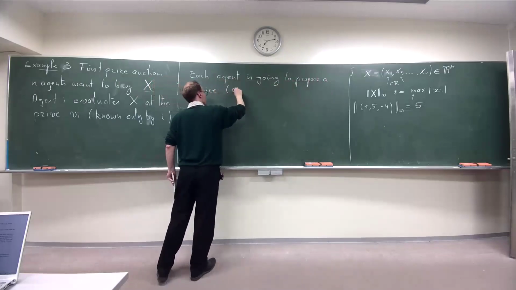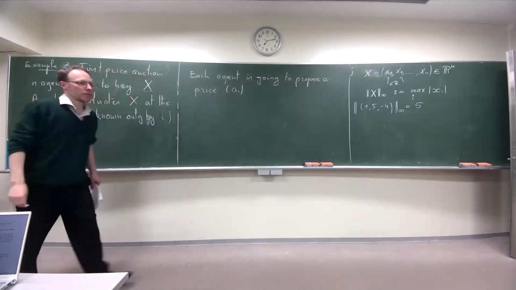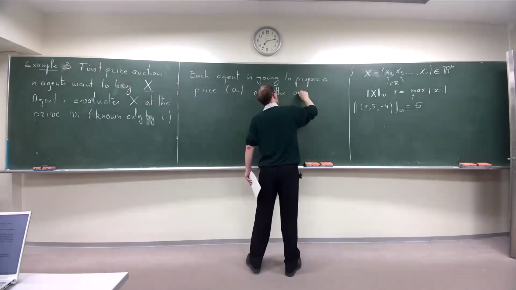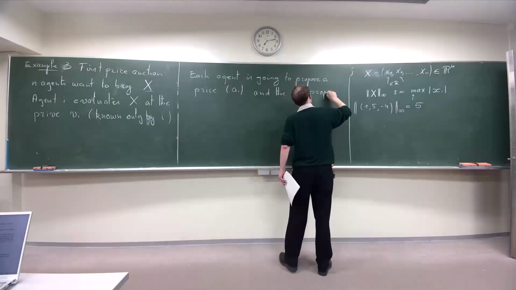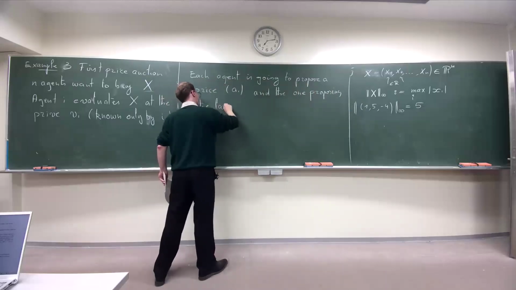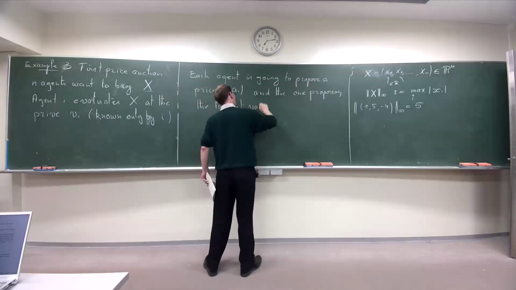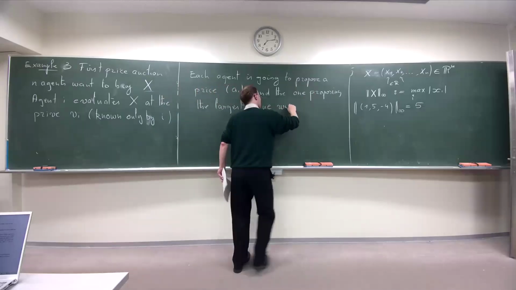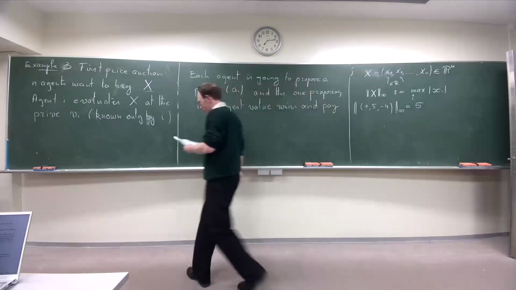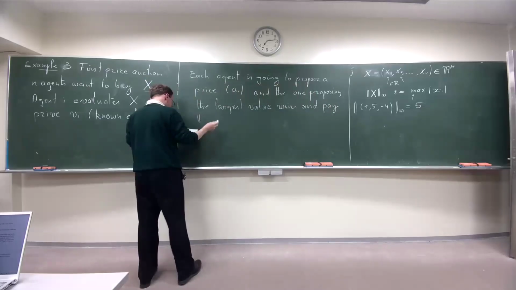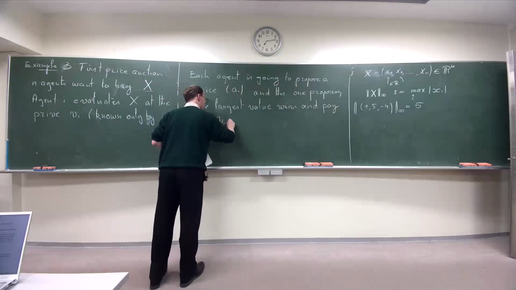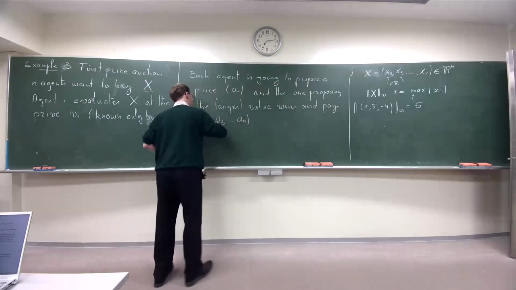And this price is going to be a_i. And the one proposing the largest value wins and pays. What is the price he's going to pay? It's going to be precisely the maximum. That's why I introduced this notation.